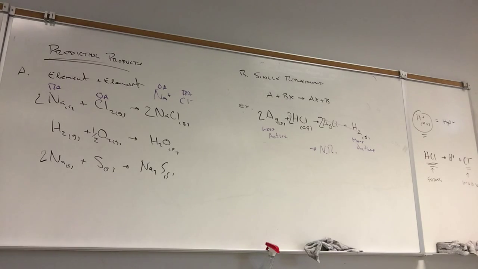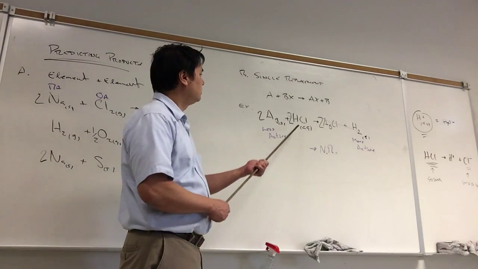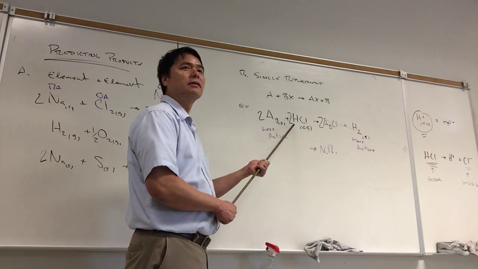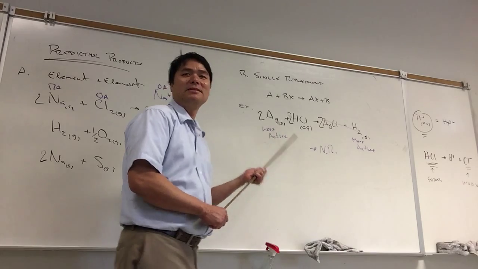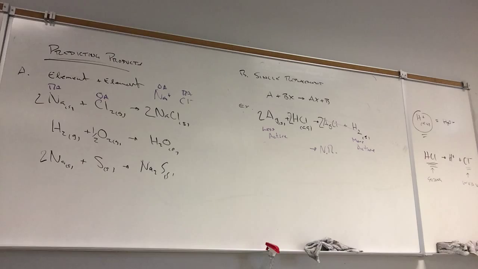Well, once you see the pattern and the exceptions, then you can quickly figure them out. Like one of the patterns in the exception is that single replacement works with mineral acids. Oops, this is right. This is not an exception, because this is what we call a mineral acid.